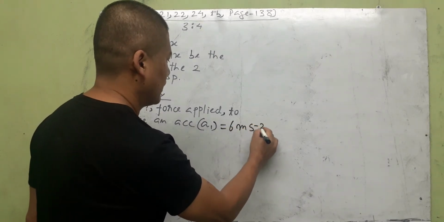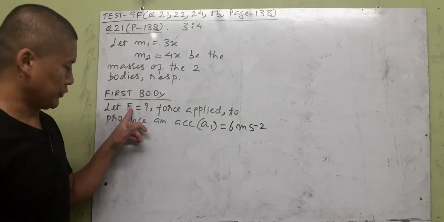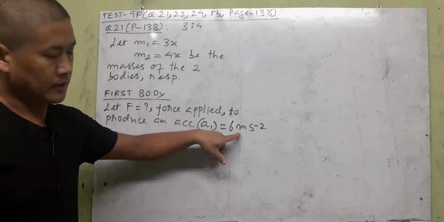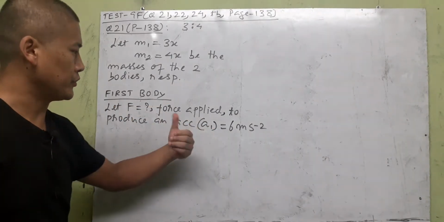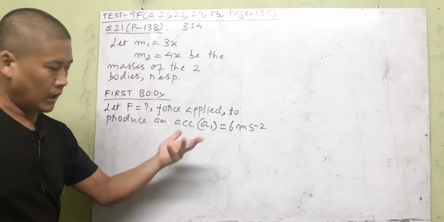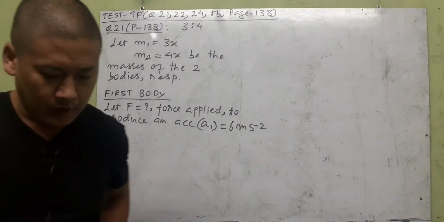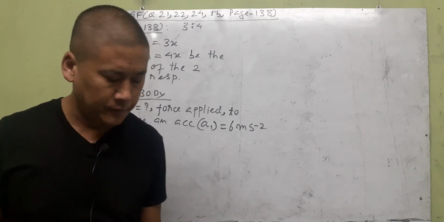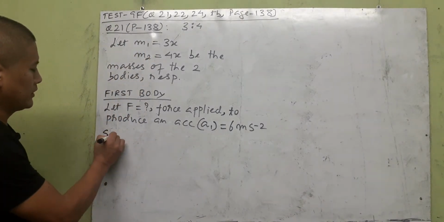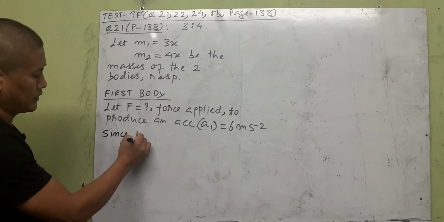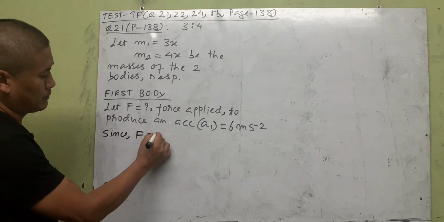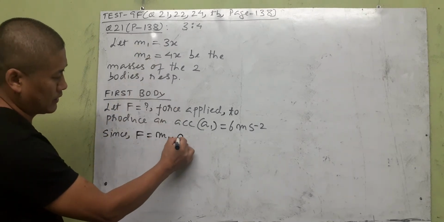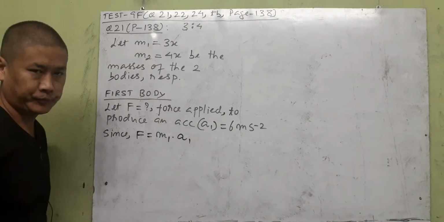So when this unknown force that is applied on the first body is being applied, it produces this much acceleration. The acceleration produced by the force is given, but we are asked to find the force, so we don't know yet. By the second law of motion, the equation is F equals the mass of the first body, M1, into the acceleration produced in the first body, A1.